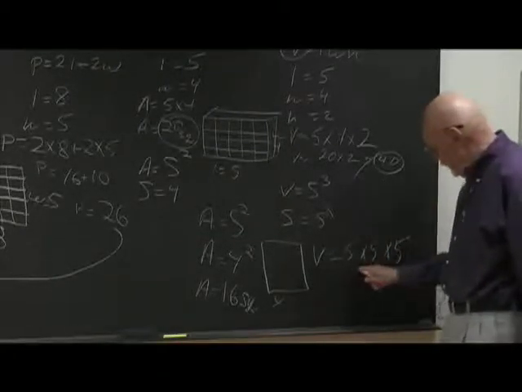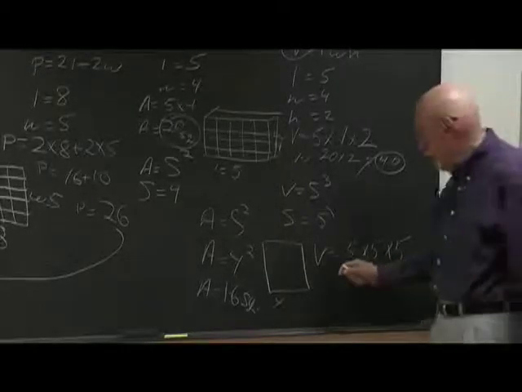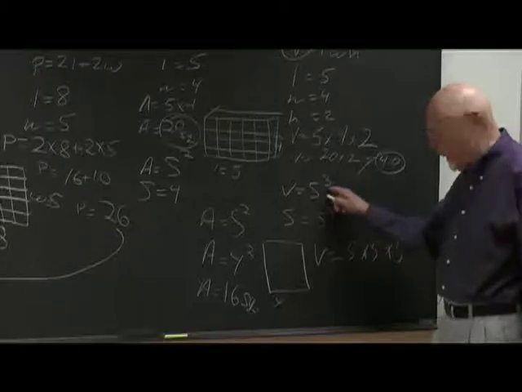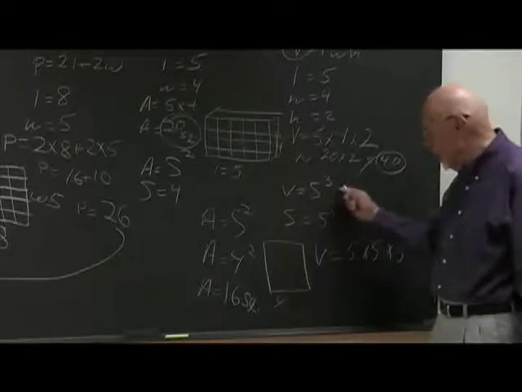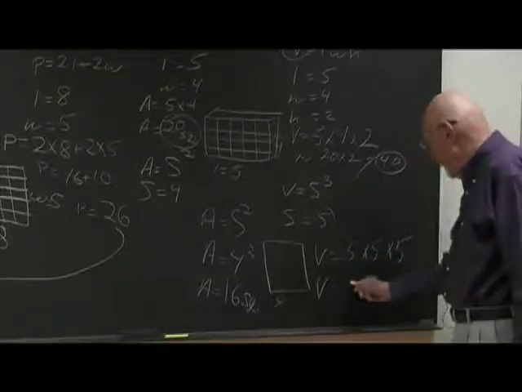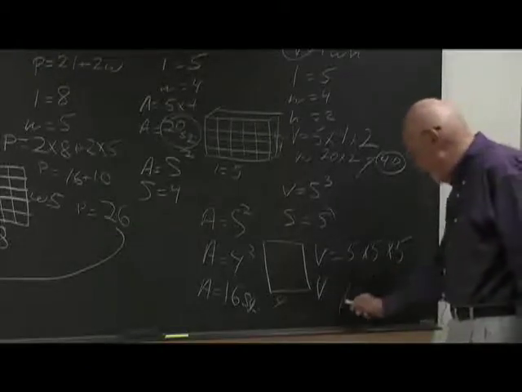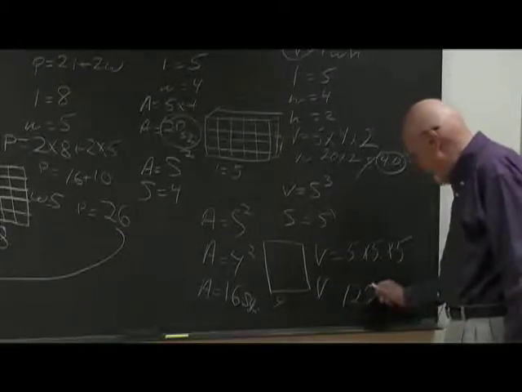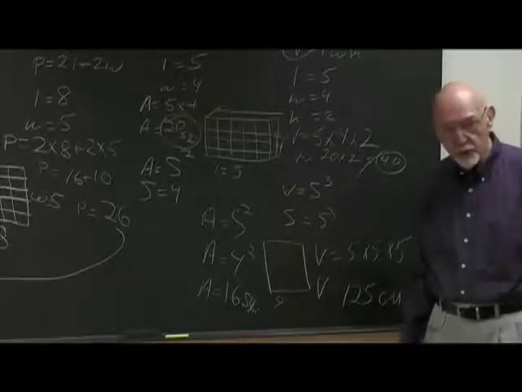You're multiplying here twice. You're always multiplying 1 time less than the exponent says. This exponent is 3, which says cubed. You multiply twice. 5 times 5 is 25. 5 times 25 is 125, and that's cubic units, CU.